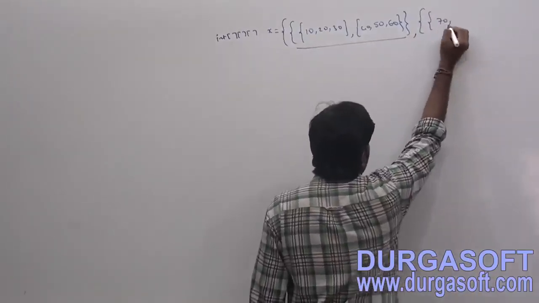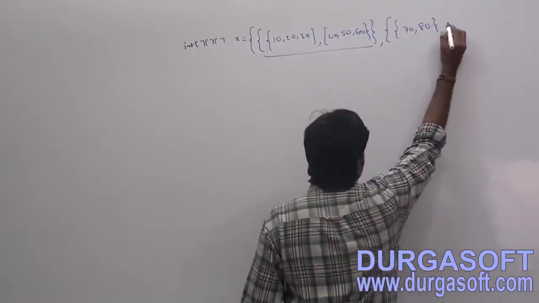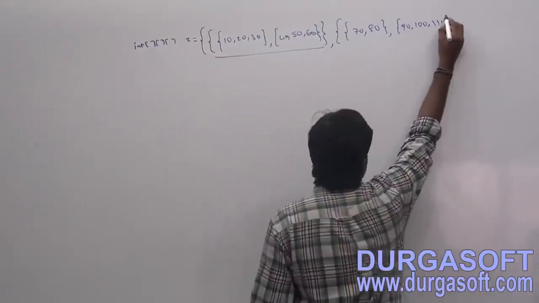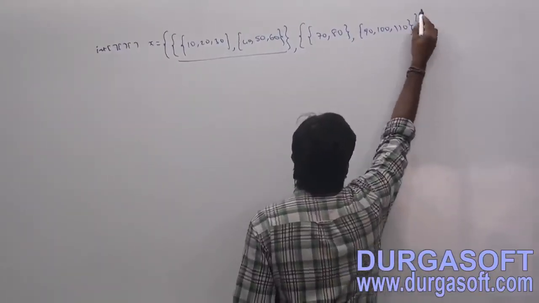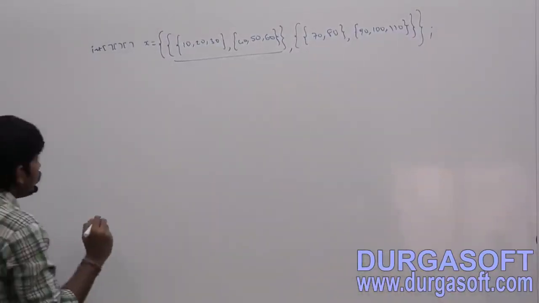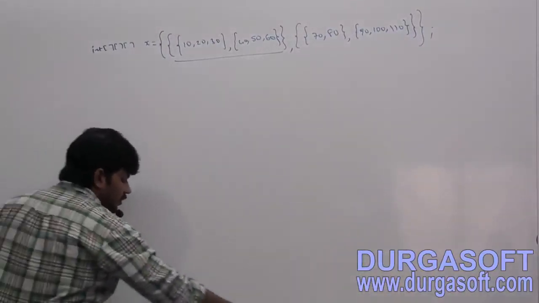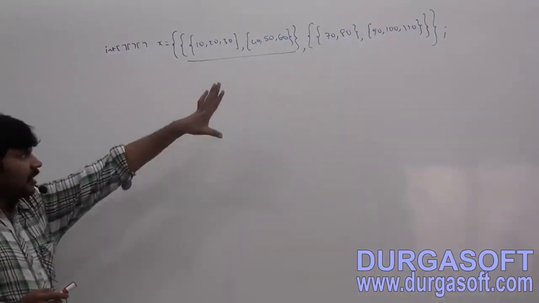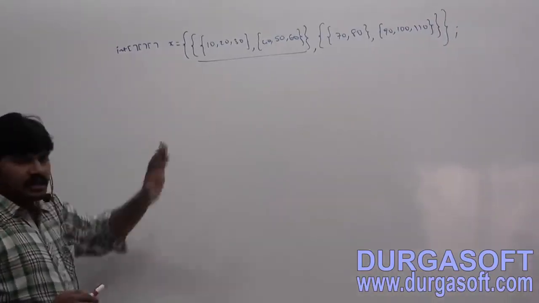Then 70, 80, 90, 100, 110. Now my target is, just observe. 10, 20, 30, 70, 80, like this is my 3-dimensional array.